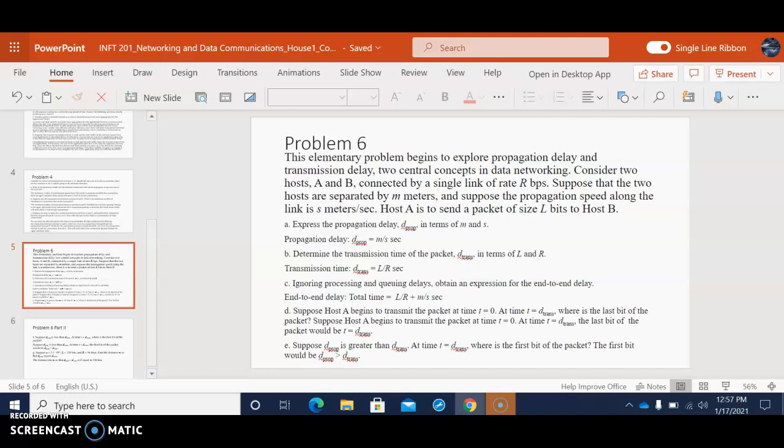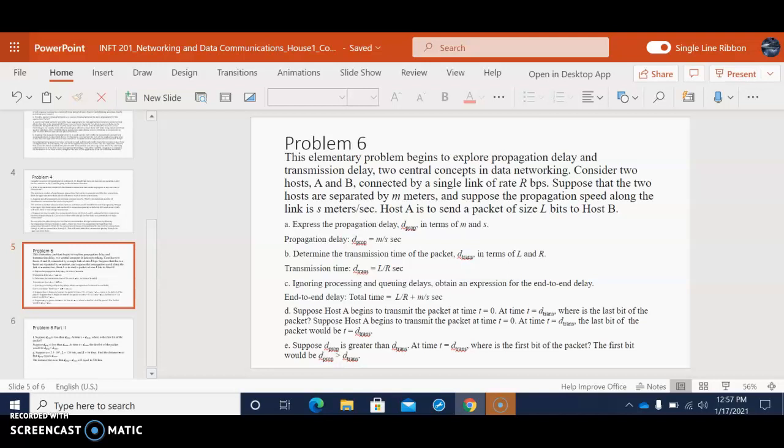Now for D, we have to solve it on our own, which I did using a calculator and some notebooks to complete the equation. Now, let me read D for you. Suppose host A begins to transmit the packet at time t equals 0.